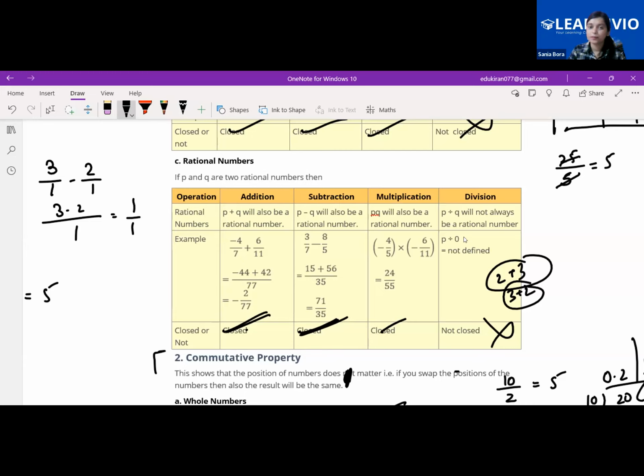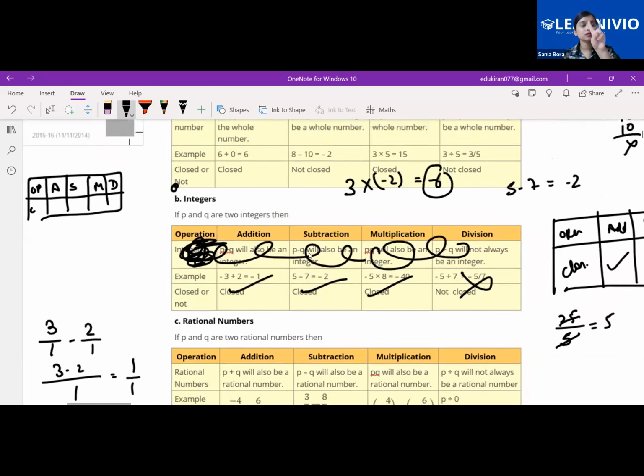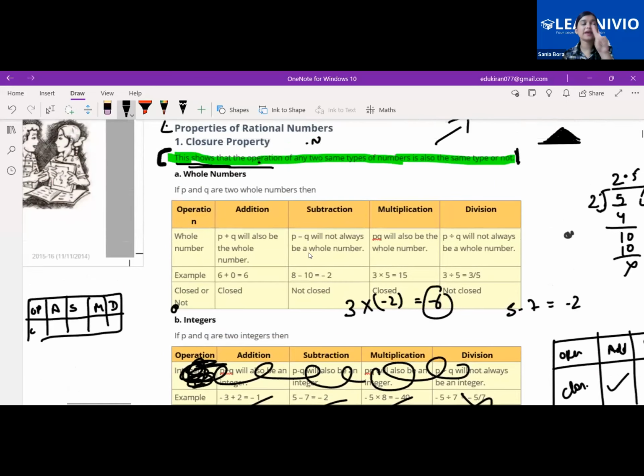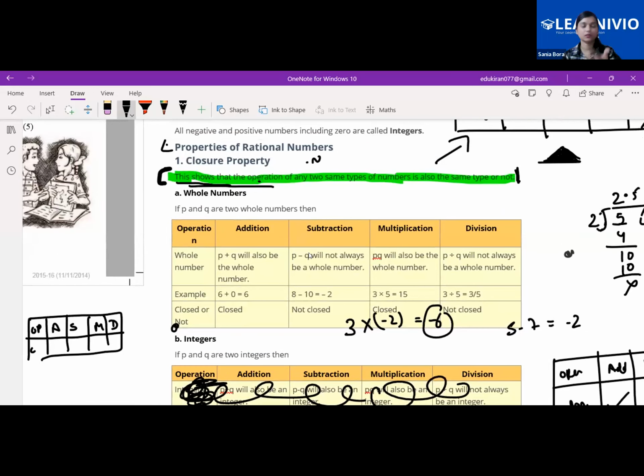Because if you divide any number by 0, you will not get a rational number. So forget about everything, students. Closure property says one thing: whether you multiply, subtract, add or divide, the operation on any two numbers of the same type gives the same type or not.